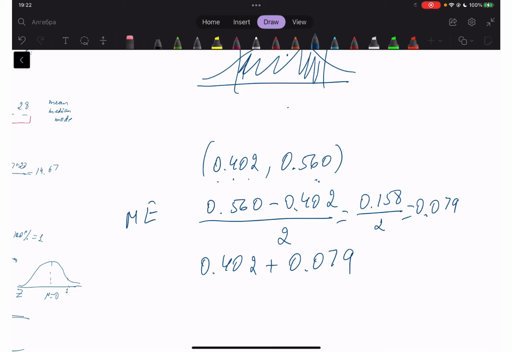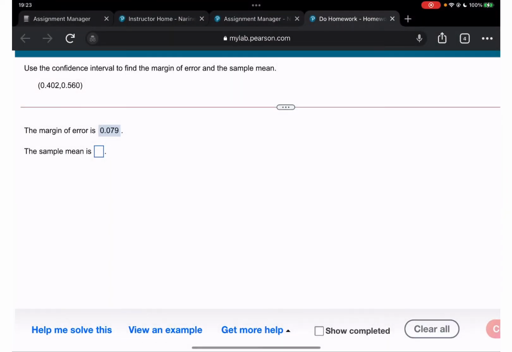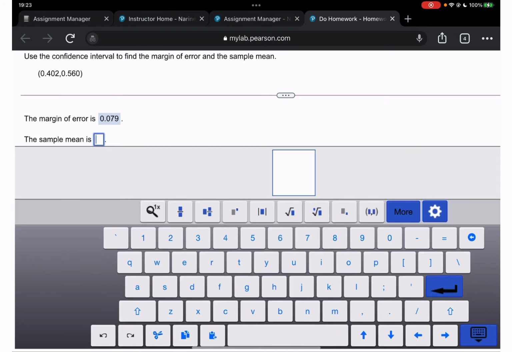So I'm adding to the lowest level. It is going to be 0.481, our sample mean, 0.481.